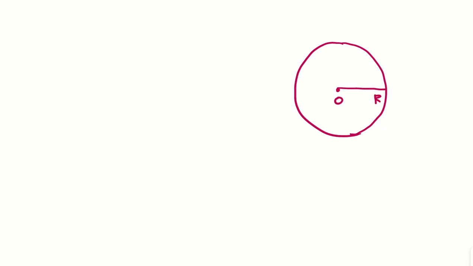For that, we draw the shell like this, the center is O, radius is R. We are going to find out, at some point P, which is r distance from the center, what is the electric field. First we have to draw the Gaussian surface which goes through this P. So this is the Gaussian surface.